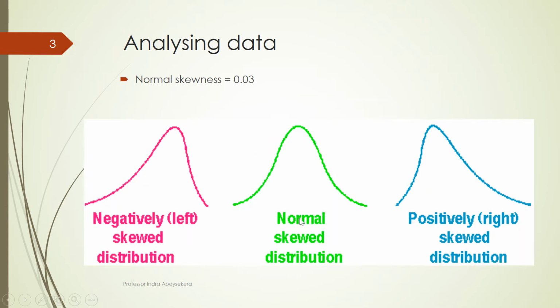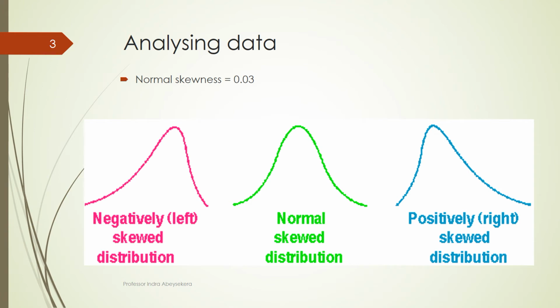But all populations are not distributed that way. Some are negatively skewed. That means it stretches out towards the left side, and there are few extreme negative or left values and lots of positive or right values.